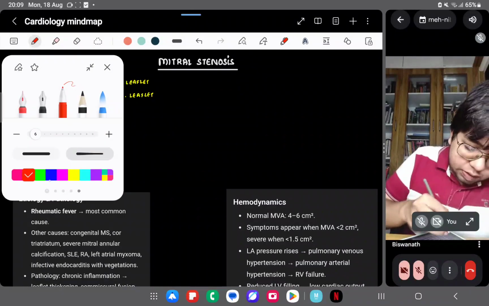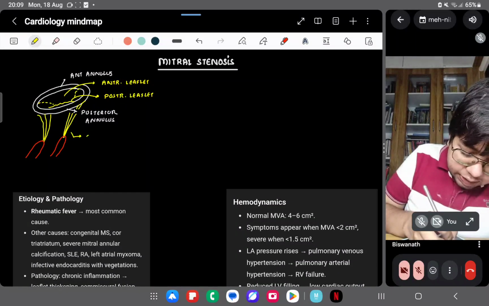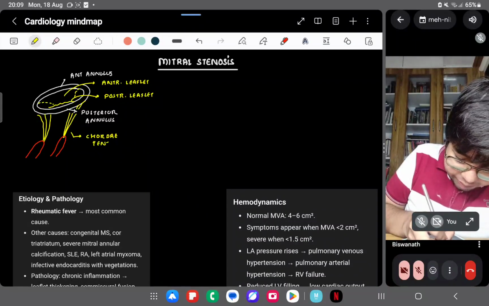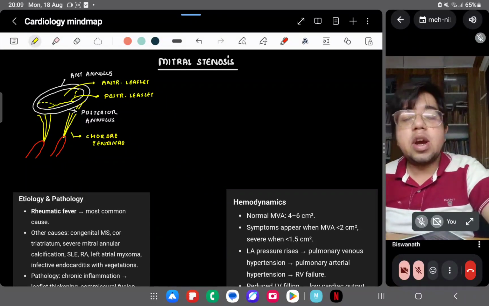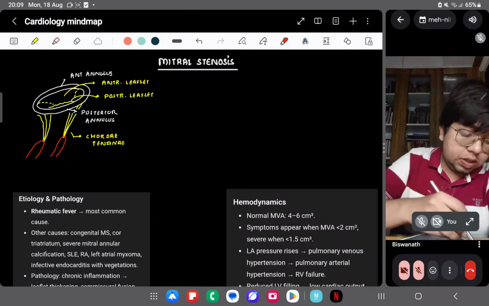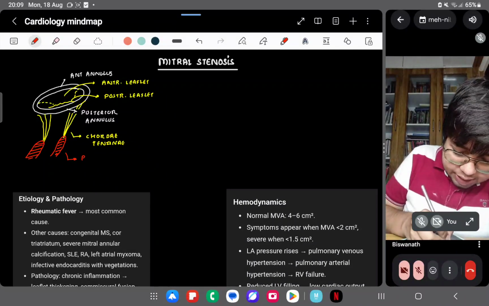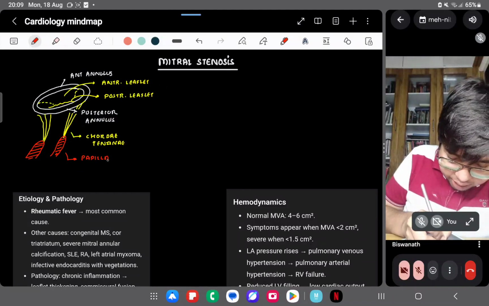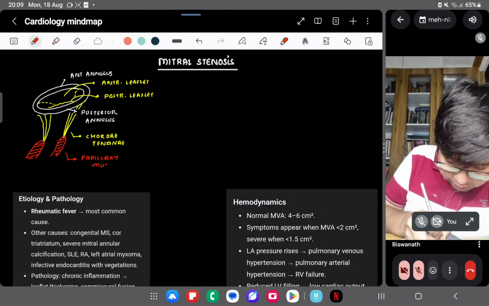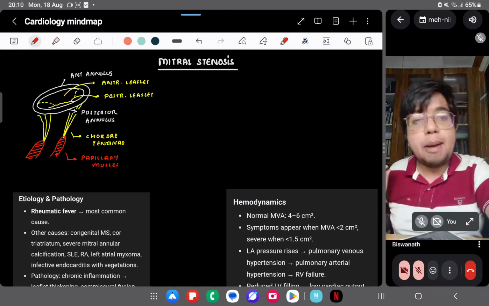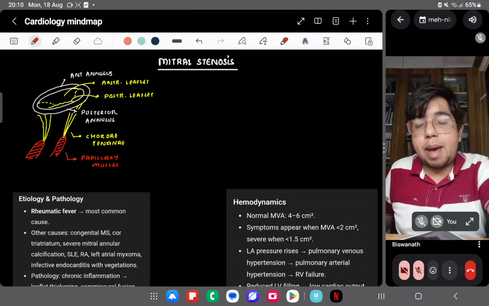These fibers are called chordae tendineae. Chordae tendineae are attached to muscles. These are muscular structures, and these are called papillary muscles. Chordae tendineae and papillary muscles.